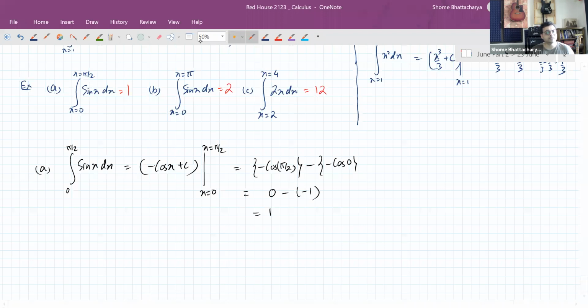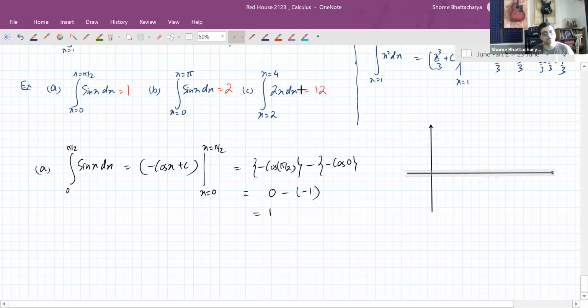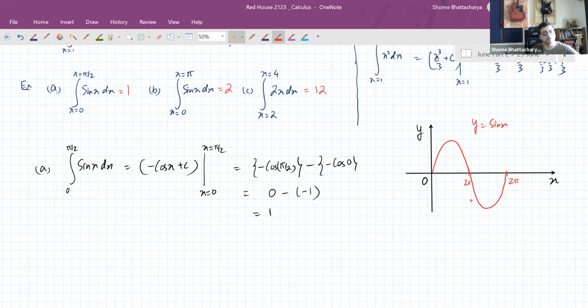And also we can understand the interpretation of this. If you visualize the sin x graph, you can see a very interesting aspect of it that will come out using these 2 parts. If we plot y is equal to sin x, this is how one complete cycle looks from 0 to 2 pi. Also, pi by 2 is this point.